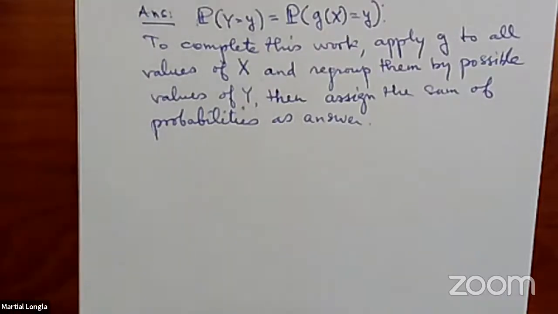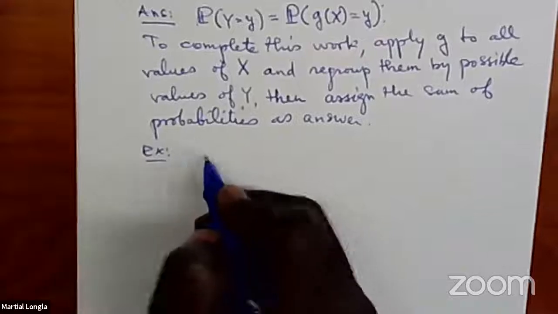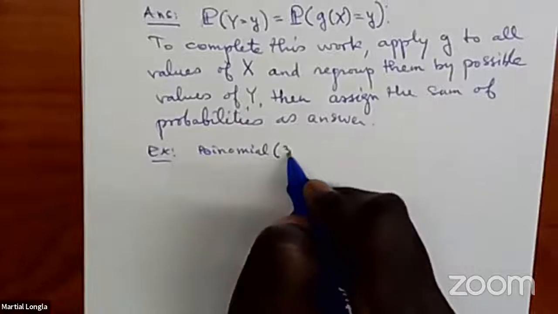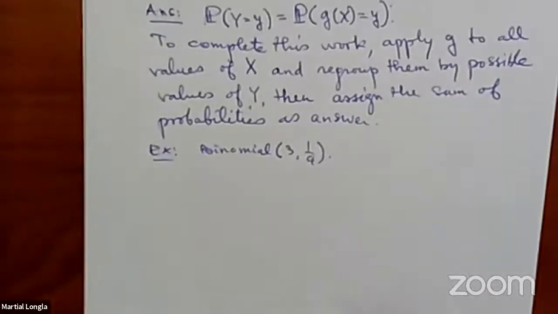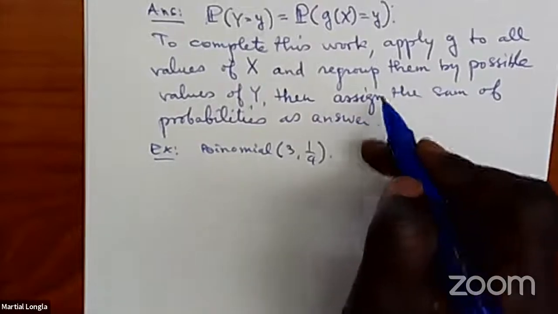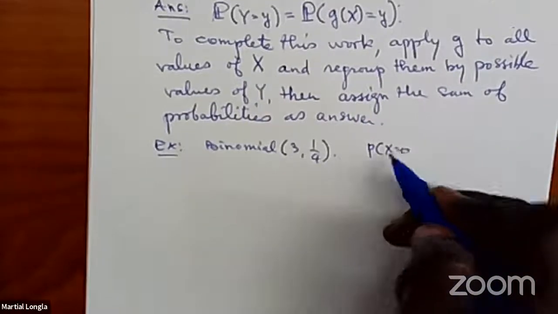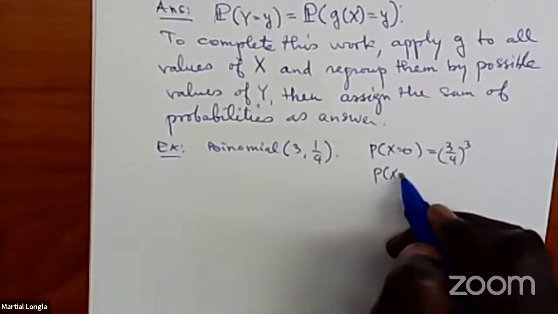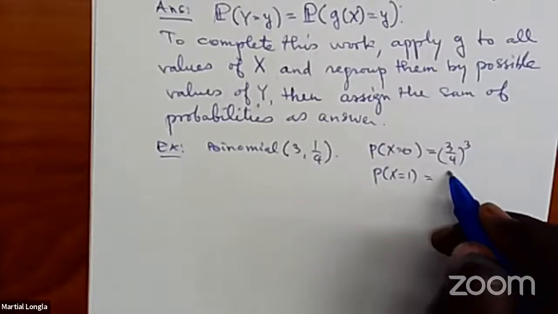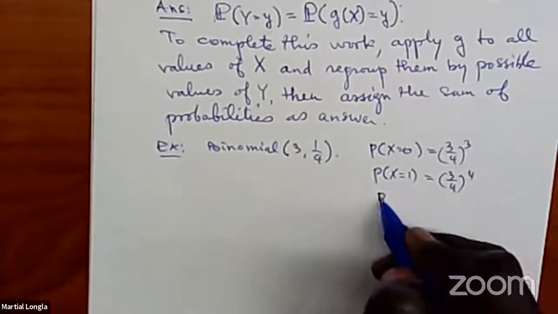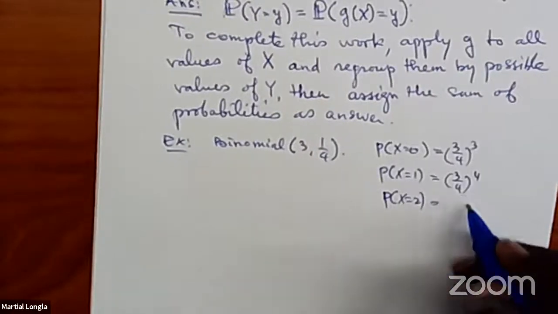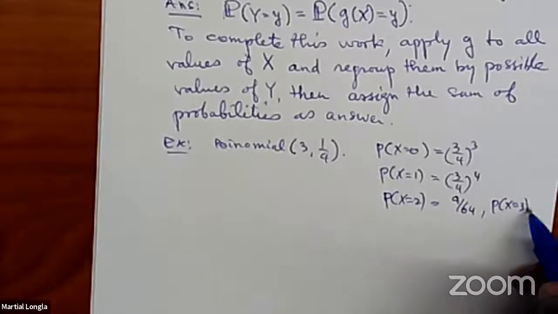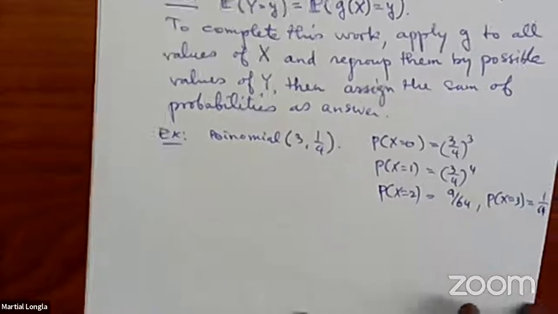We had the example of the binomial with parameters 3 and 1/4, where the probability that x equals 0 is 3/4 cubed. The probability that x equals 1 was 27/64. The probability that x is 2 was 9/64. And the probability that x is 3 was 1/64.